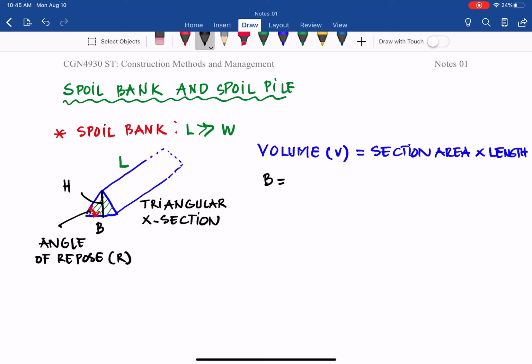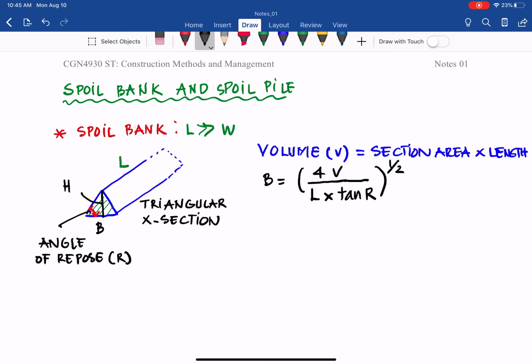If you know the volume, I want to know what the width of the site is so that I can dump this type of material. So the base is equal to the square root of 4V over L times the tangent of the angle of repose, where L is the length, for example the length of the road.